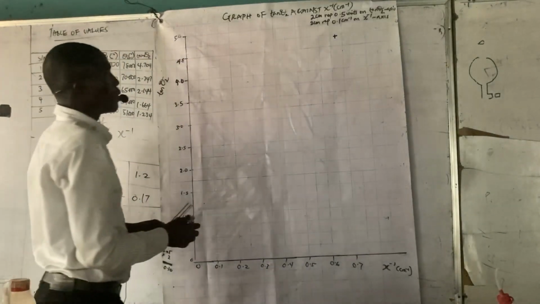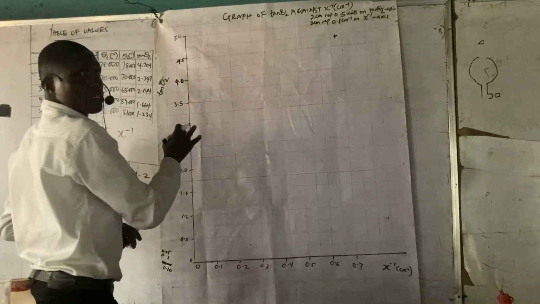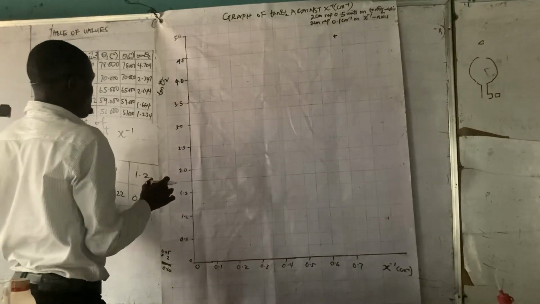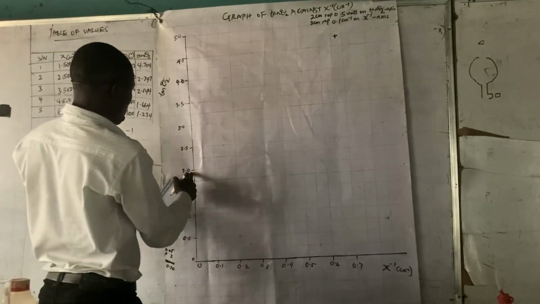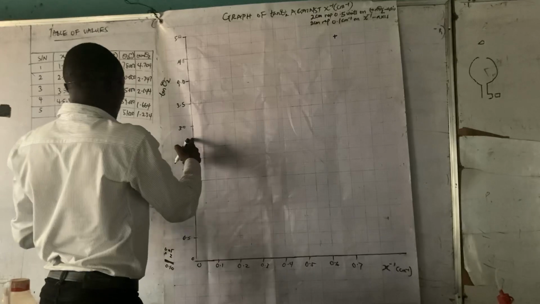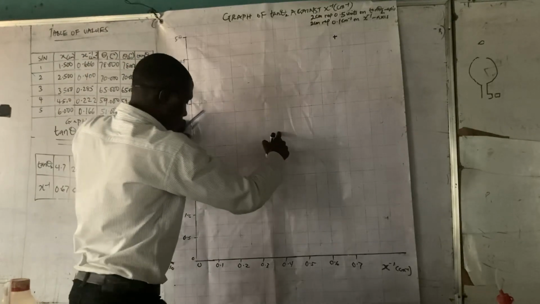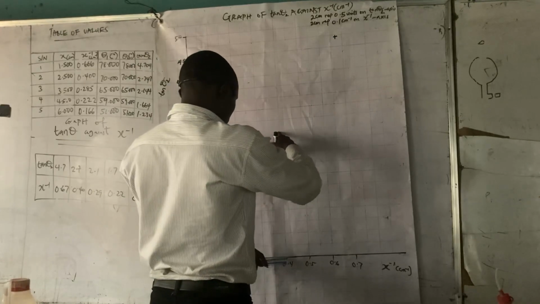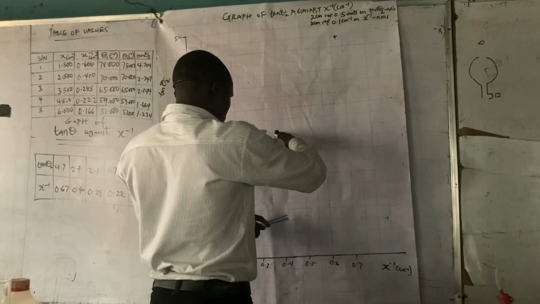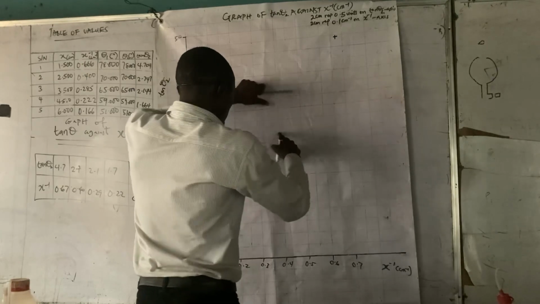So the next one is 2.7. We have 2.7, 2.6, 2.7 here against 0.4. 2.7 against 0.4. So this is the point here.